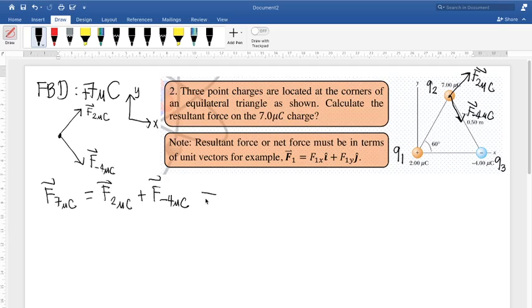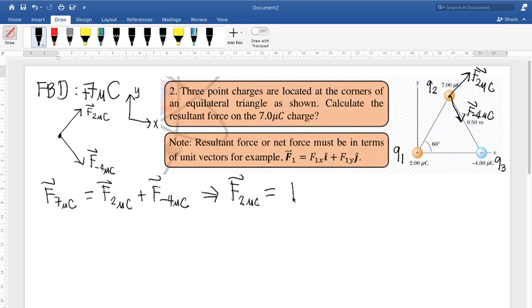So first, the force exerted by the 2 microcoulomb charge. Just like in our note, we said that we express our force as unit vectors.